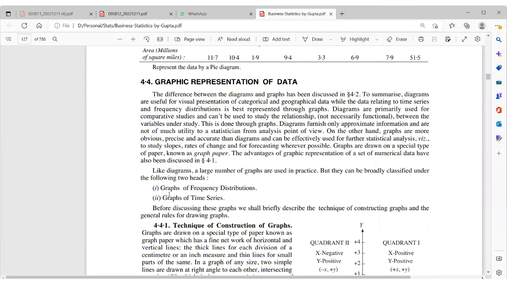Now come to graph presentation: graphs of frequency distribution.